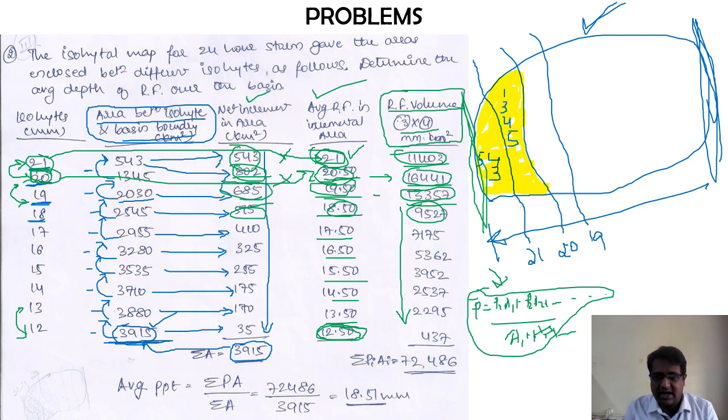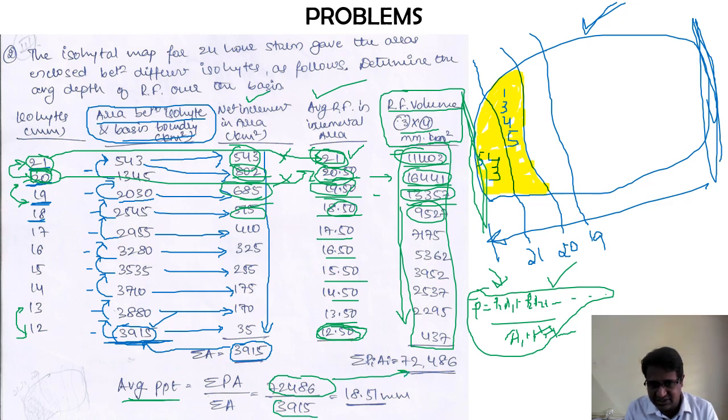So if you add up this fifth column, you will be getting the total numerator value. For the average precipitation, the numerator is 72,486, which is the summation of the fifth column, divided by the total area.